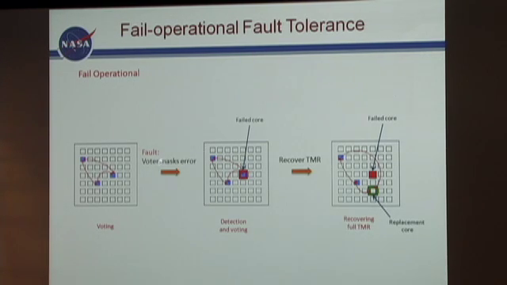So if we happen to have an error, and this is the guy who is not producing the same answer as the other 2, we're still running because these 2 guys agree and the voter has passed the result on. But what we want to do is to recover and reinstitute the triple modular redundancy.